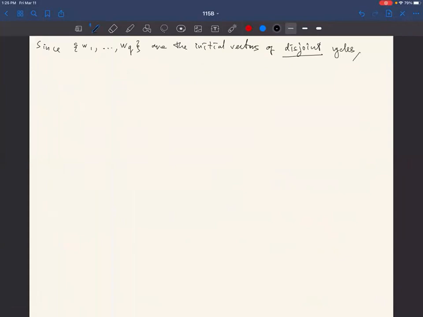This is what we proved last time. This set w1 through wq is a linearly independent subset of the usual eigenspace E lambda, corresponding to the eigenvalue lambda.